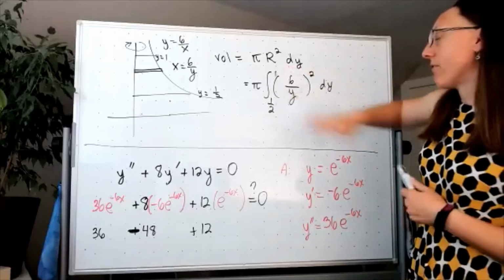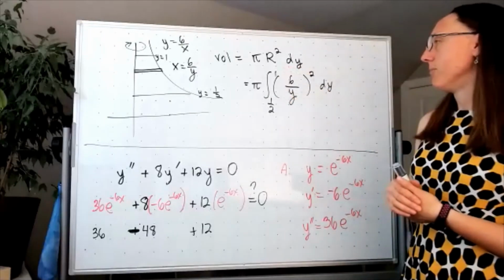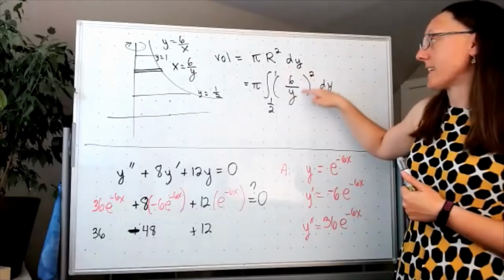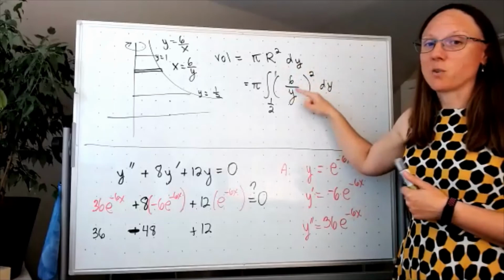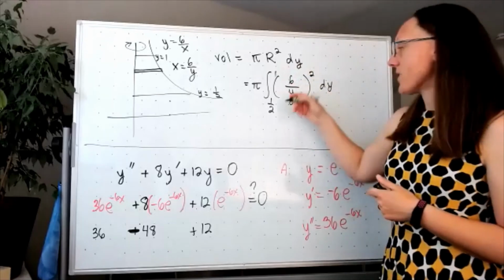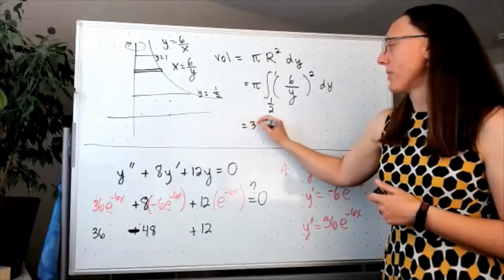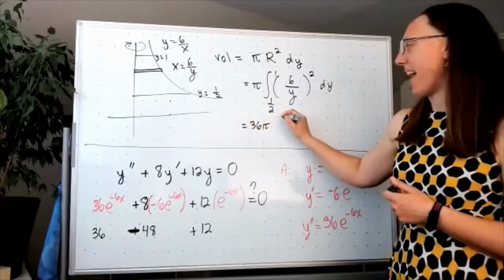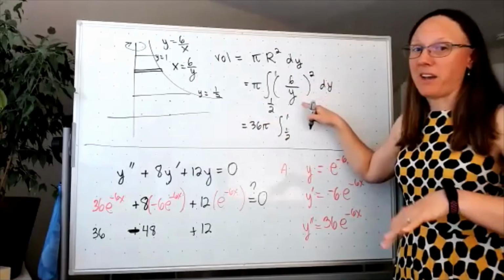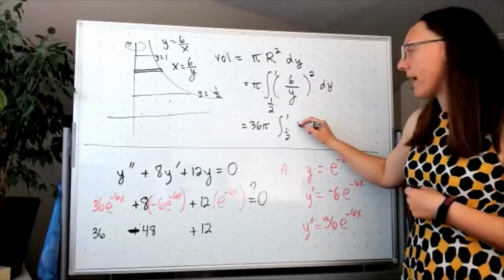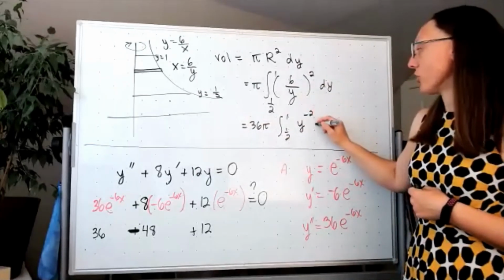Okay, if I were going to finish this off, I'm going to go ahead and square the 6 and square the y and rewrite this a little bit. So 6 squared is 36. I'll pop that 36 out in front with my pi. And that y squared, because it's in the denominator, I'll rewrite as y to the negative 2.